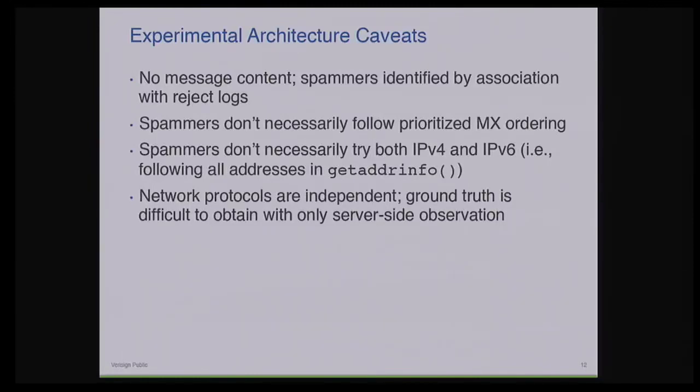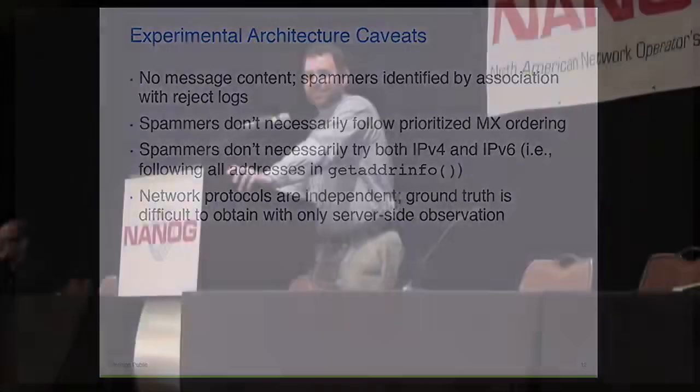We also believe that if they can get some value from trying whatever MXs over whatever protocols, then they will. We do have some data to show some of this, but we recognize that they're not necessarily going to follow spec, and to be honest, not all implementations do either. Spammers don't necessarily try IPv4 and IPv6, nor do they necessarily try a particular ordering.